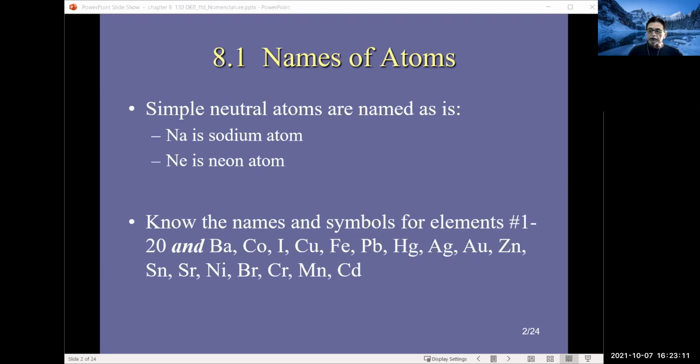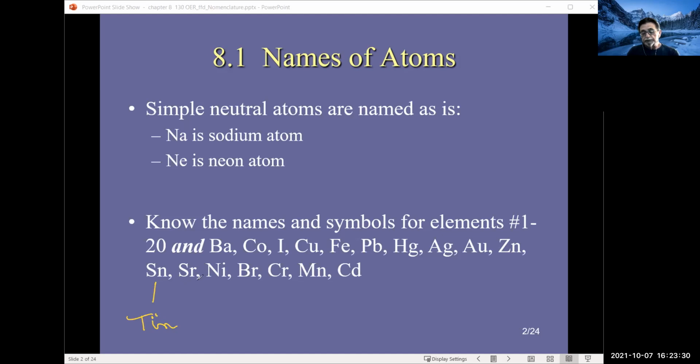And if you look at the label of that toothpaste, you'll see either sodium fluoride or stannous fluoride, one of the two. Okay, so this one down here, we also call it tin, okay?